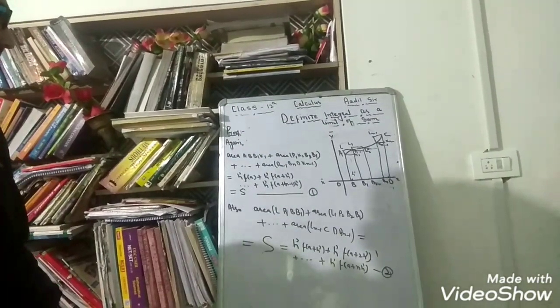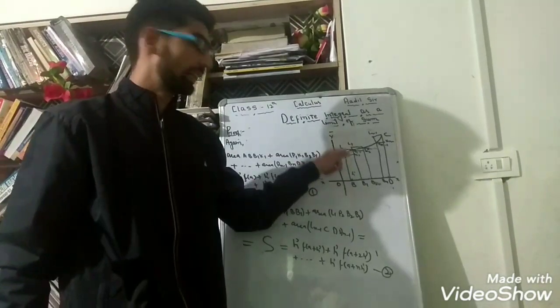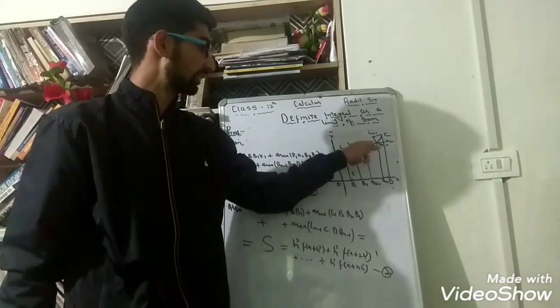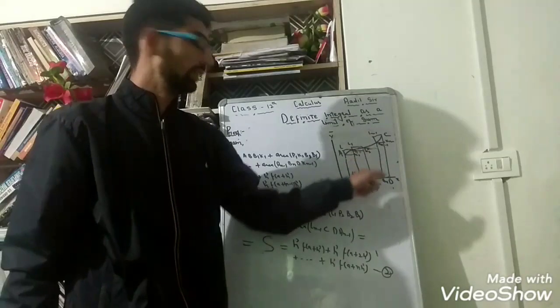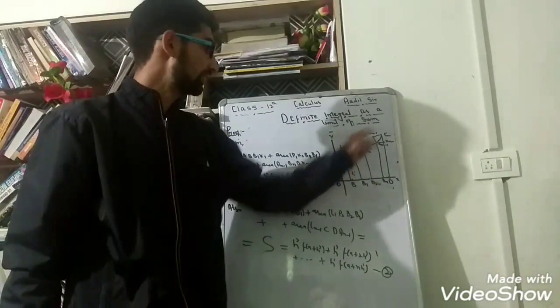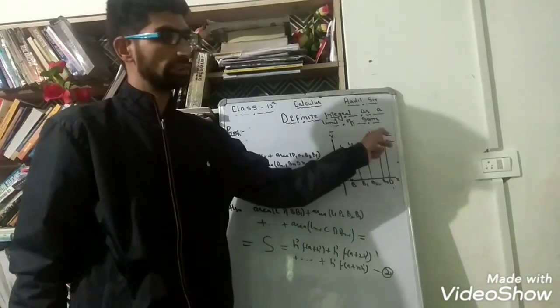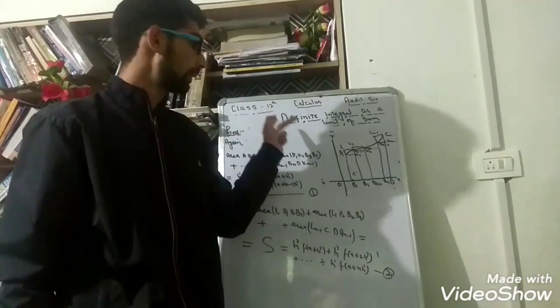Now clearly, as I have told you, the sum of the areas of the rectangles that are inside this region A, C, B, D is less than the area that is under the curve AC and bounded by AB, BD and BDC, just as we have done in the previous theorem.